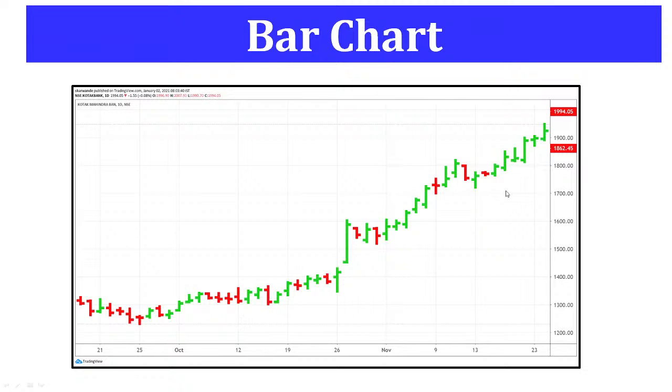So bar chart will tell me what is the range of the stock for the day, whether the stock has moved higher or lower or closed higher or lower based on the color of the bar, and the length of the bar will tell me the range of that particular stock on a day.